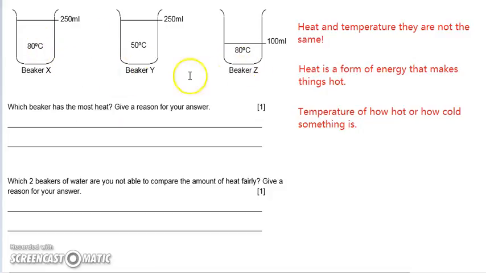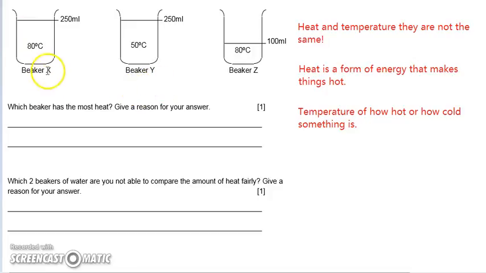Now, again, imagine this. If this is 80 degrees Celsius and this is 50 degrees Celsius, obviously the beaker with the 80 degrees Celsius is going to have more heat than the beaker with 50 degrees Celsius, given the same amount of water.